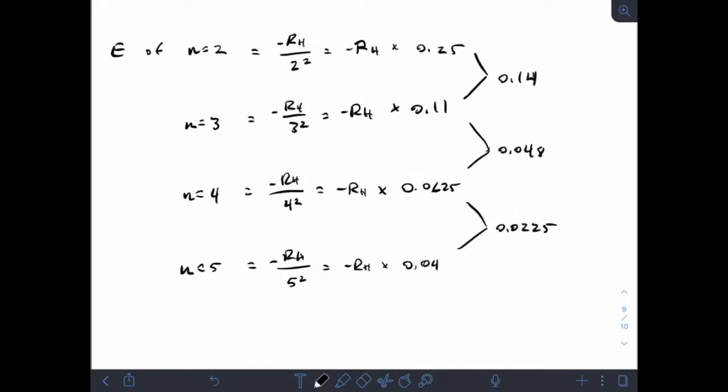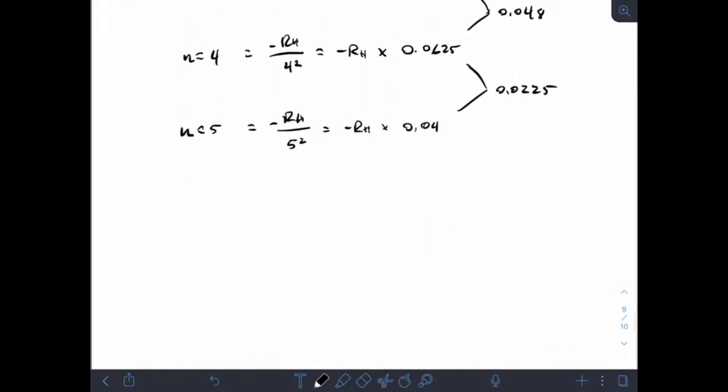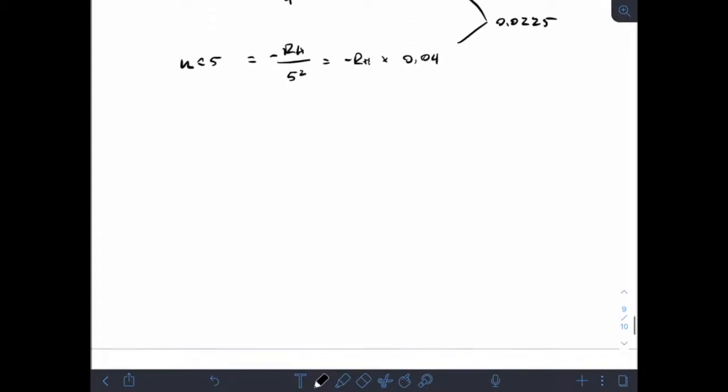Okay, so the point being is that as the n value goes up, the distance between the energy levels gets smaller.